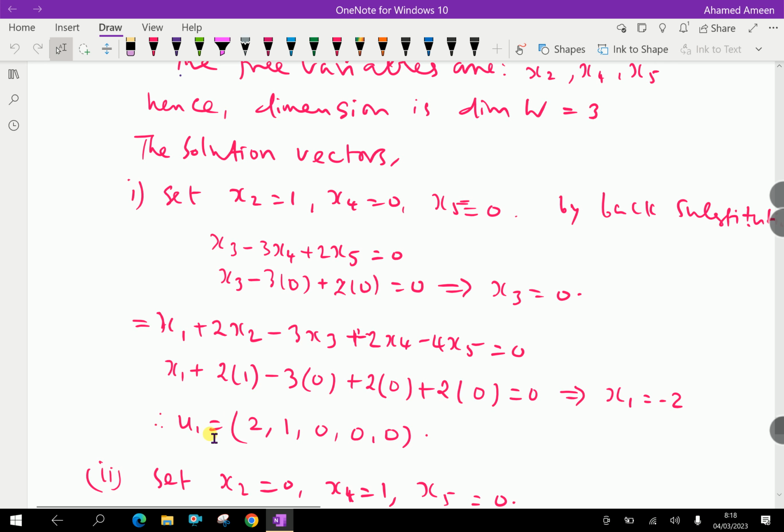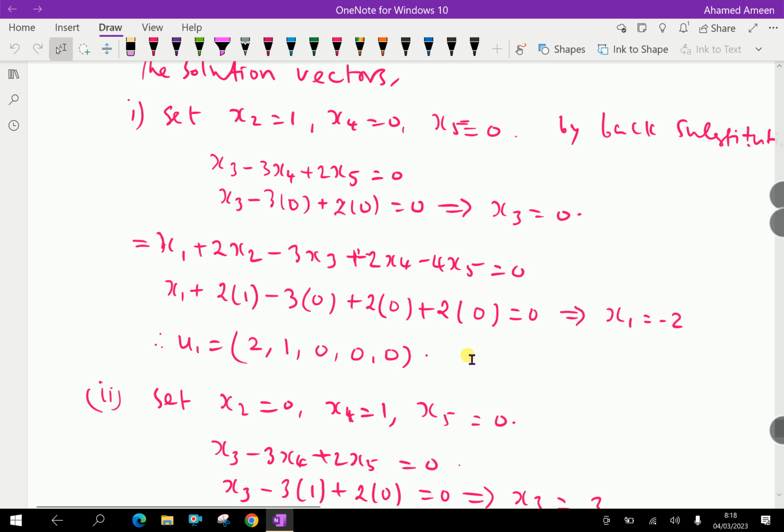So the vector u1 is minus 2, 1, 0, 0, 0. Now the next set.